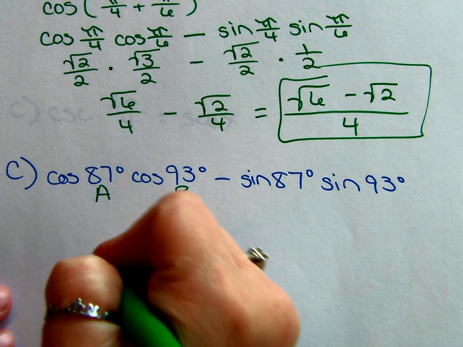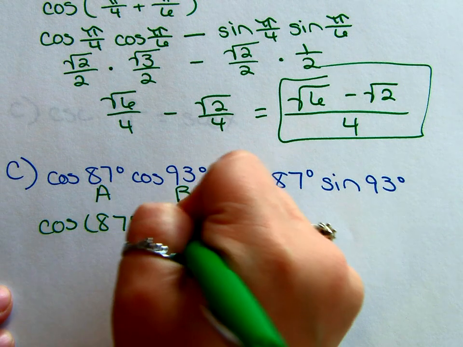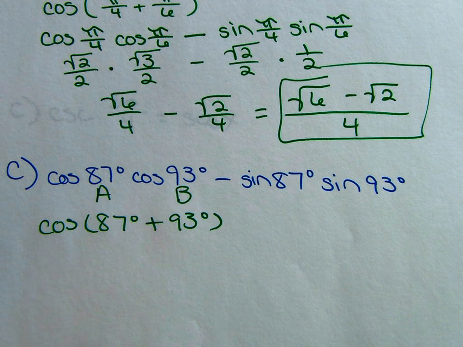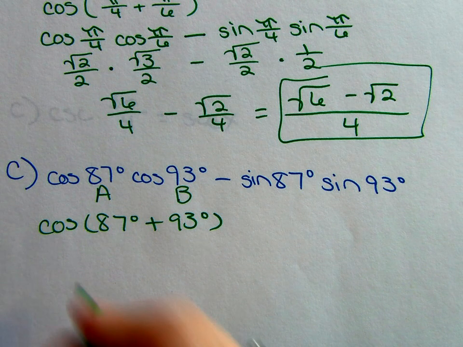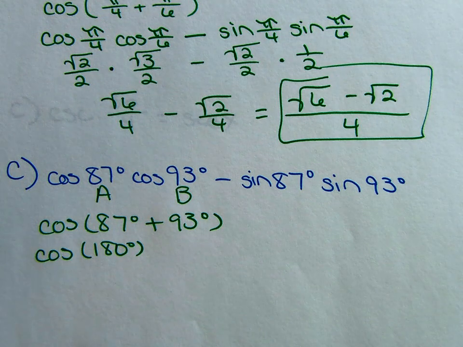Since it's a minus, that means I'm going to use my sum, because remember they're opposite. This is my A, this is my B. So this becomes cosine of 87 plus 93. I'm condensing it. I'm going the opposite direction. 87 and 93 is cosine of 180. So if you think about your unit circle, what is the x value at 180 degrees? -1.